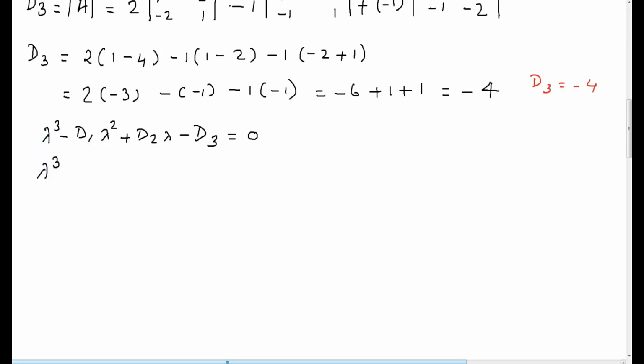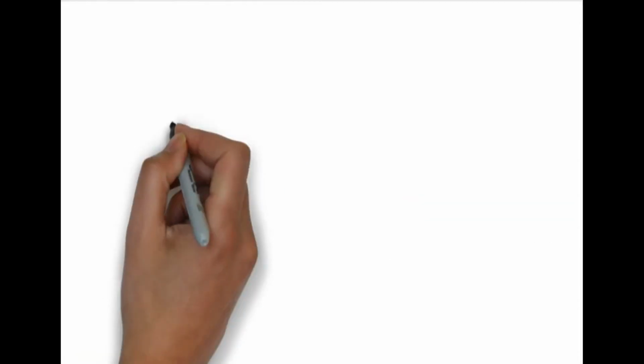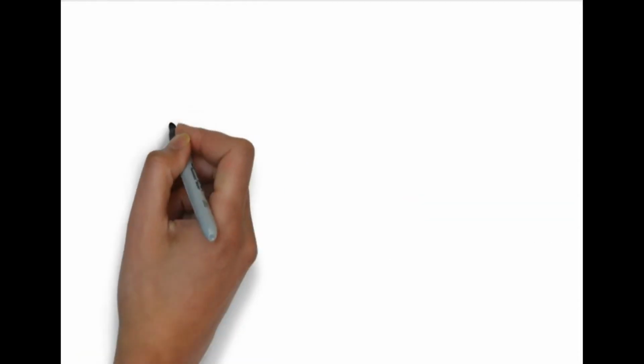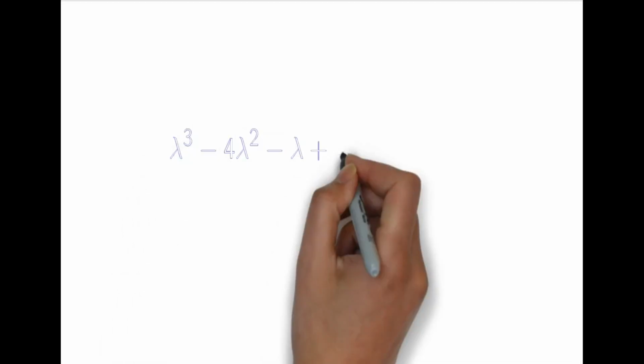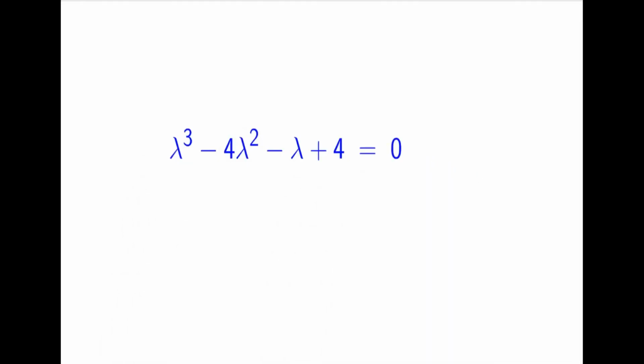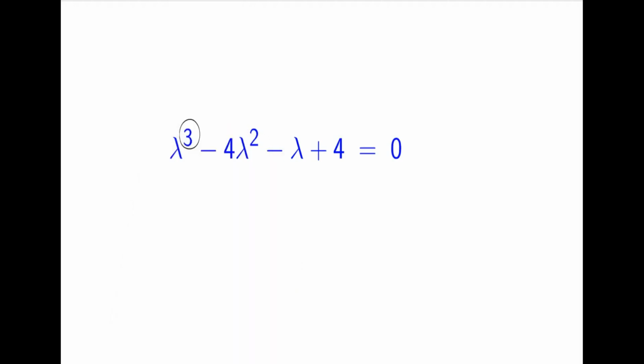Substituting the values of d1, d2, d3 in the equation, we get lambda cube minus 4 lambda square minus lambda plus 4 equal to 0.